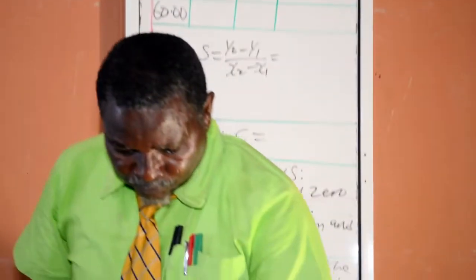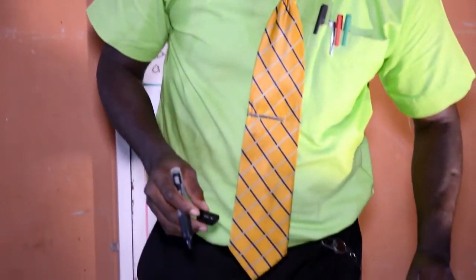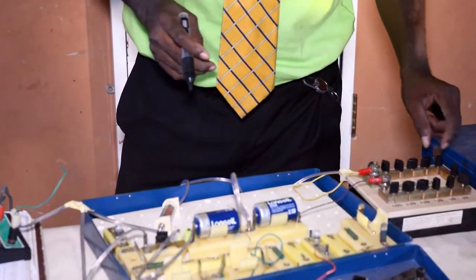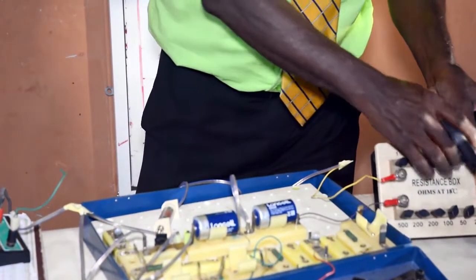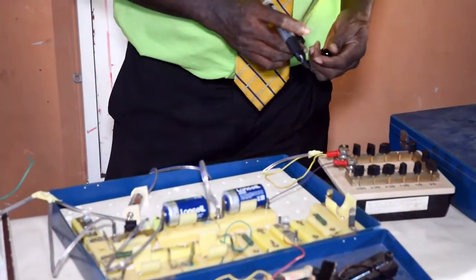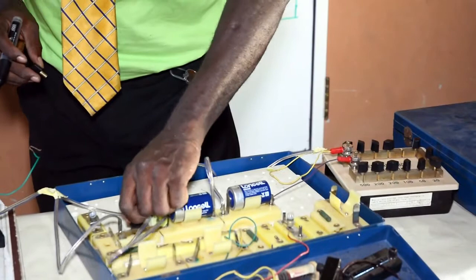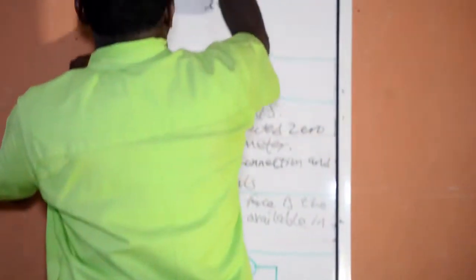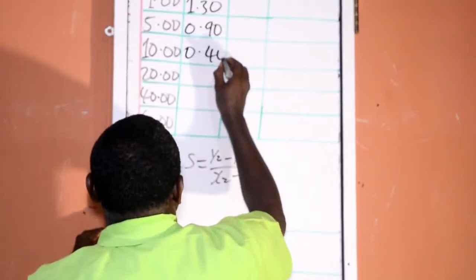Then you switch off, replace the key. The next one is 10 ohm. Remove the button of 10 ohm from the resistor box. Close the key again. The value is 0.4 volts.